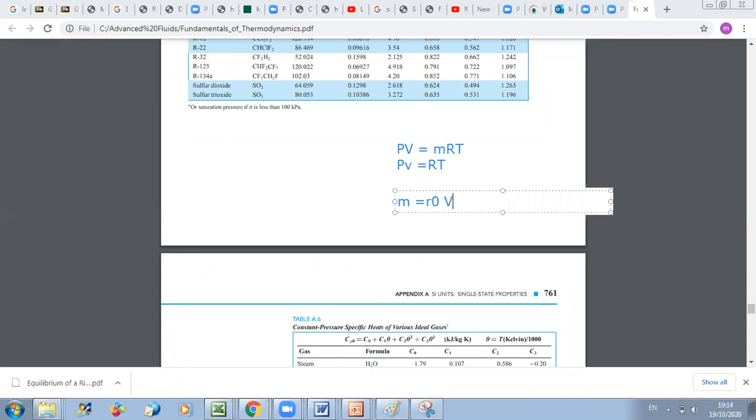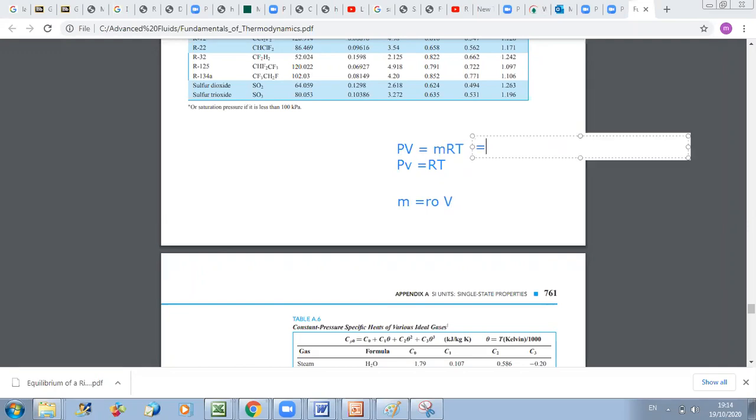So if you define this equation and divide by V, then you will get rho RT. If you replace M by rho times V, you will simplify V and you will get rho RT.